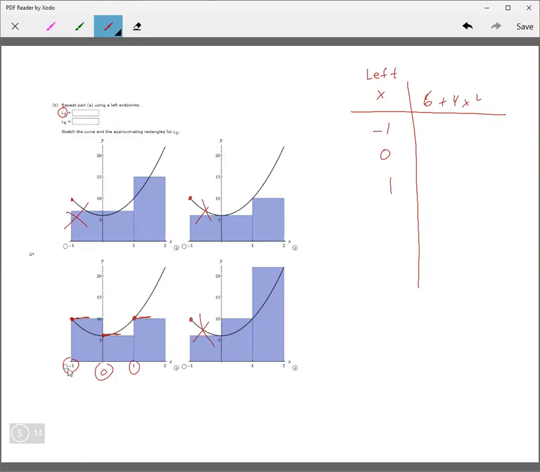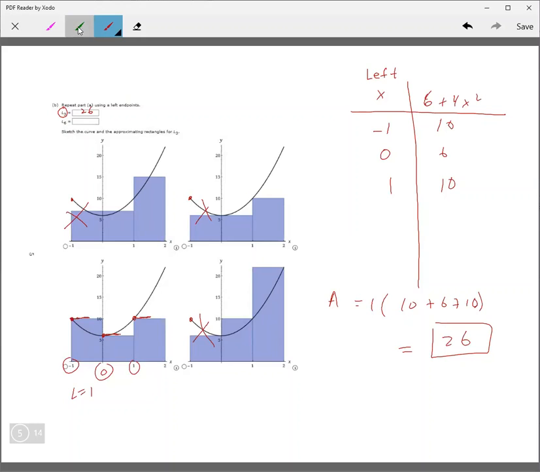We're starting at -1, and we're not using the 2. Okay, so this is going to give us 10, 6, and 10. And again, the length is 1, so the area is going to be 1 times 10 plus 6 plus 10. And that turns out to be 26. So that answer will be 26.